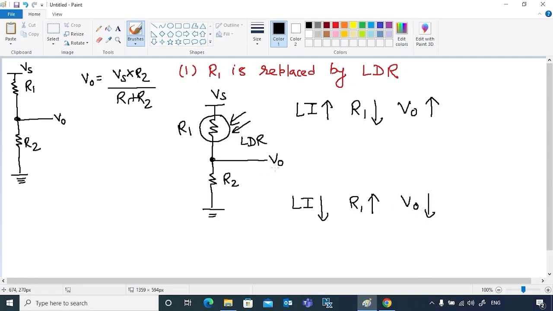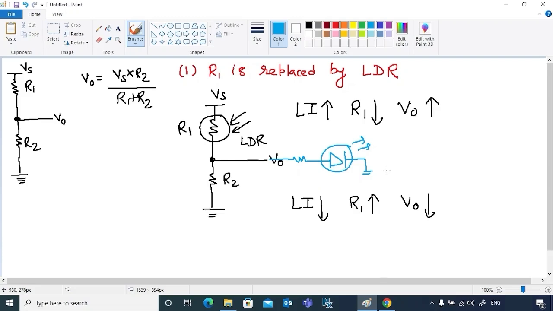So if you put this complete circuit in a light area, V output is increasing. If you connect an LED here, with a resistor in series, like this is the LED, this LED will glow in the light. When you put this circuit in a dark area, R1 is increasing, V output decreasing, so the LED will not get sufficient voltage to glow.